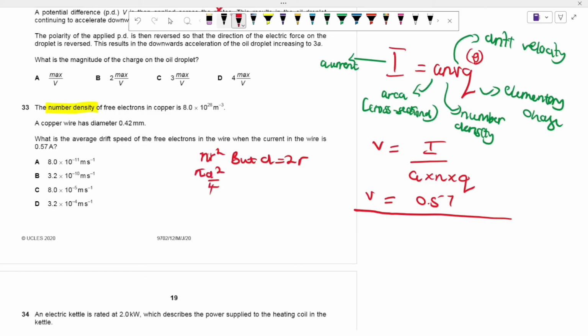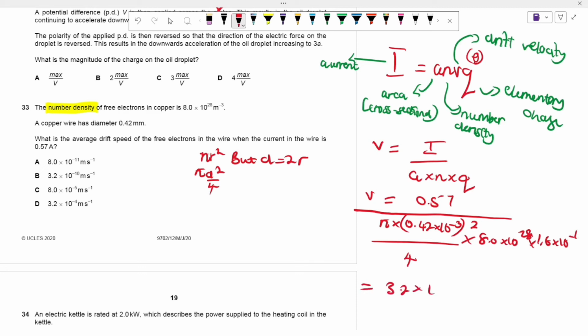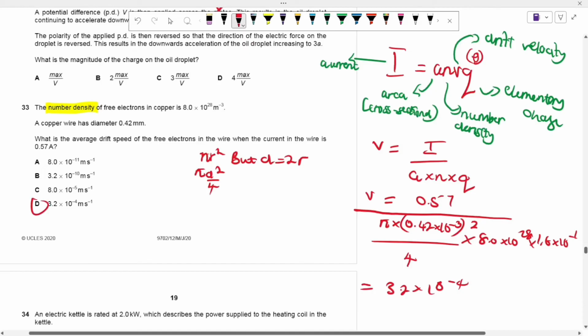So here we have pi times d, which is 0.42 times 10 to the power of negative 3, all squared, divided by 4, times n, which is 8.0 times 10 to the power of 28, times the elementary charge 1.6 times 10 to the power of negative 19. That gives a value of v of approximately 3.2 times 10 to the power of negative 4. The correct answer is going to be D.